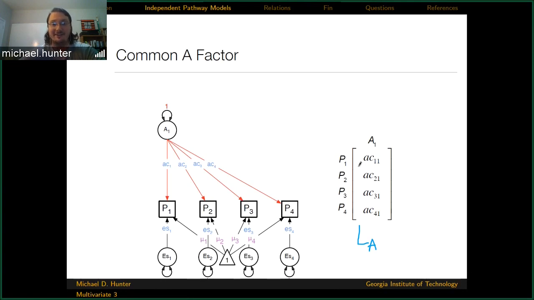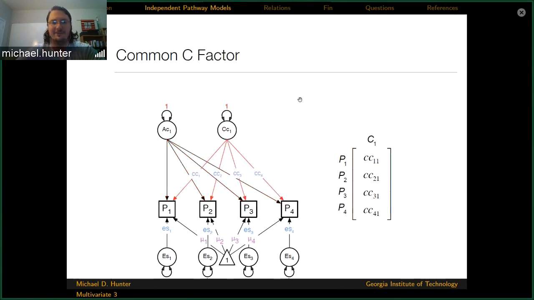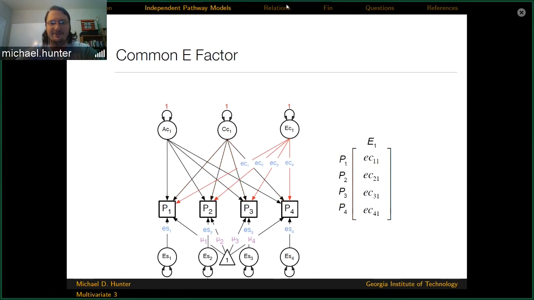Then there'd be a different set of factor loadings, estimated as separate parameters, for the C component and the E component, which we see here. So this one here would be the factor loadings associated with the C component. And then you repeat the same thing for the E component. So now this matrix here would be the factor loadings associated with the E component. These are one factor models associated with the A component, the C component, and the E component. And then you've got a set of residuals that go with that.